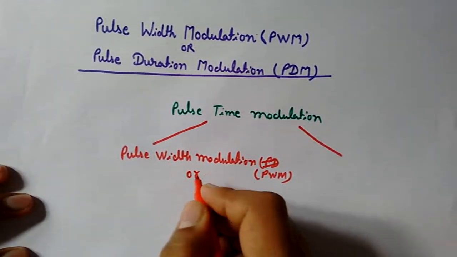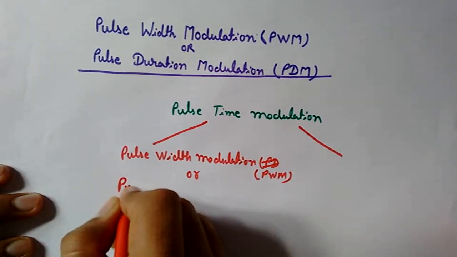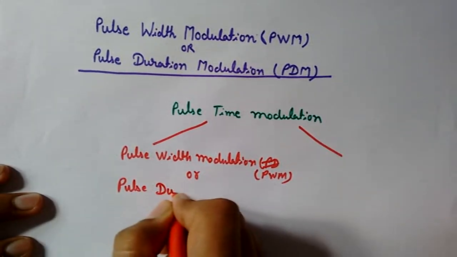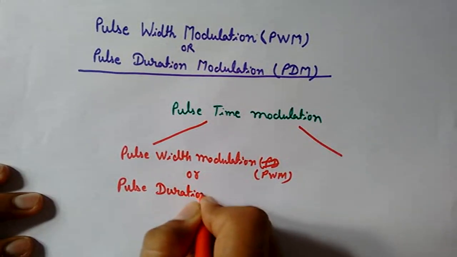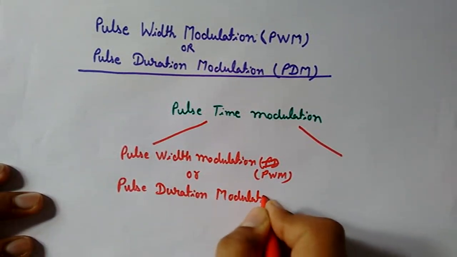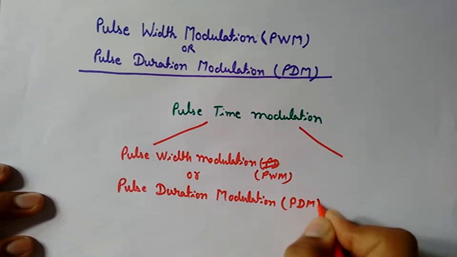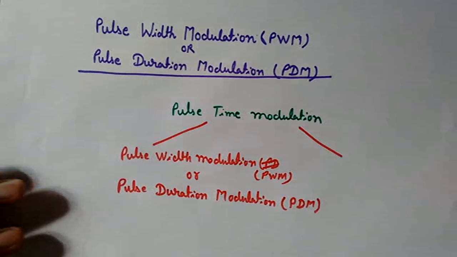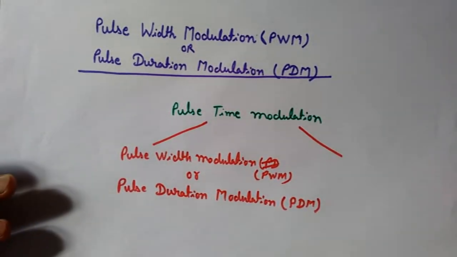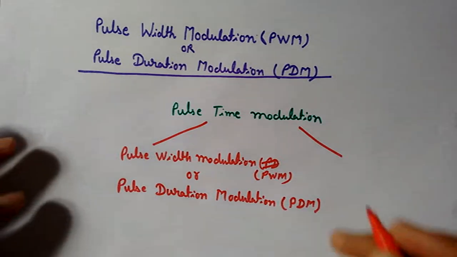It is also known as Pulse Duration Modulation, PDM. The other type of PTM is Pulse Position Modulation, PPM.